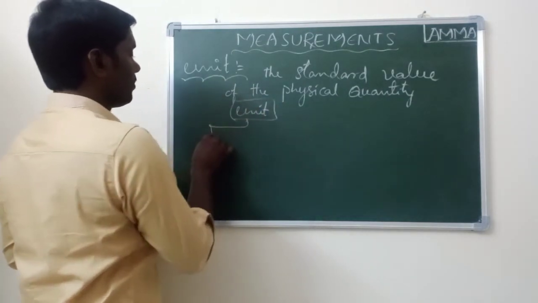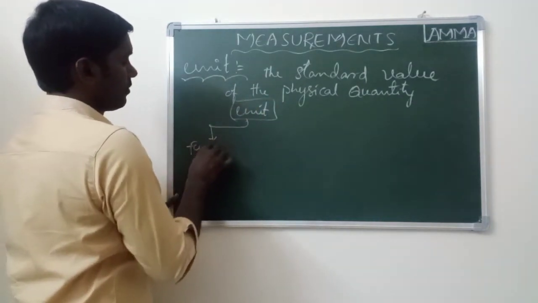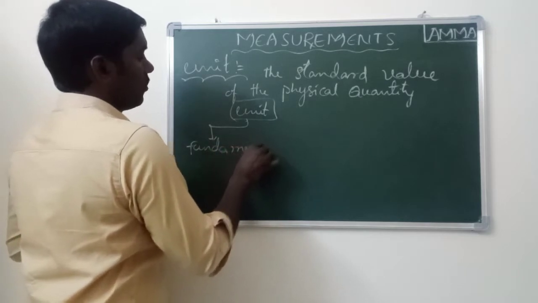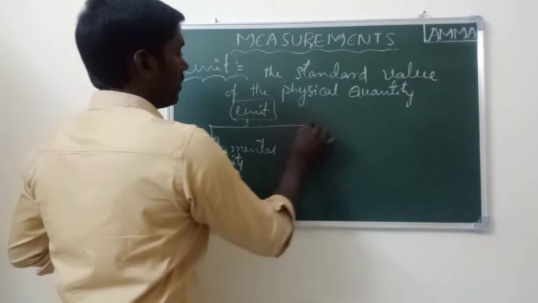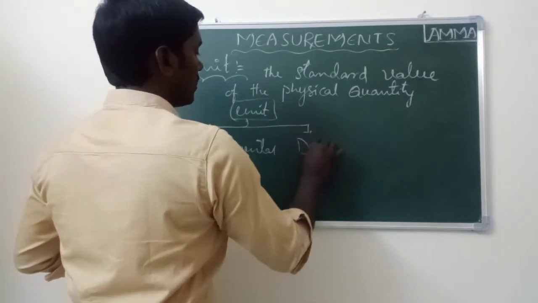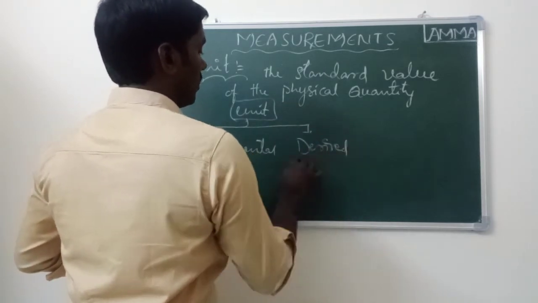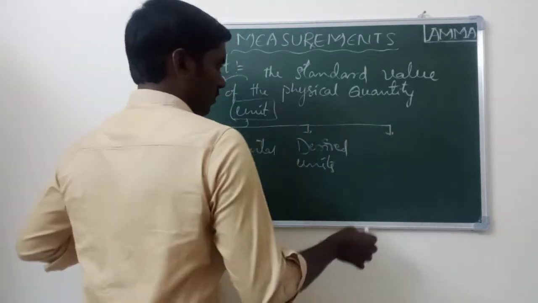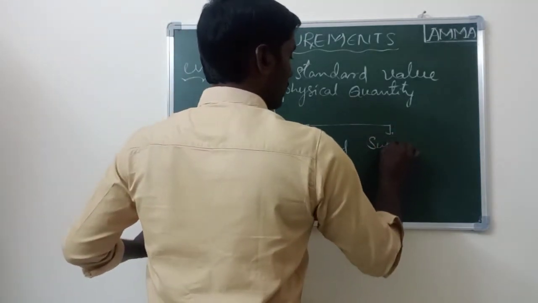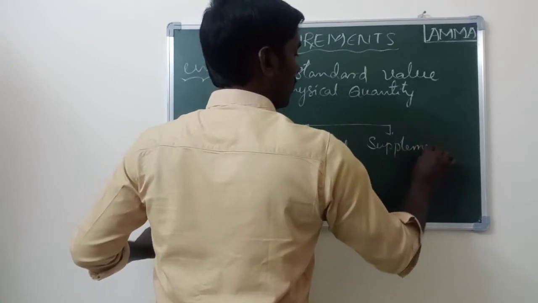First one is the fundamental units, the second one is the derived units, and the third one is the supplementary units.